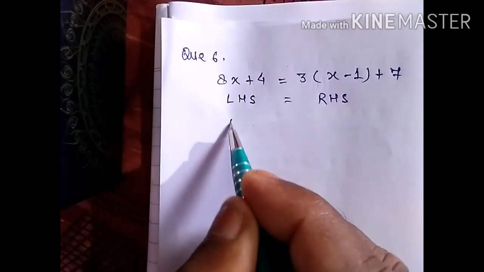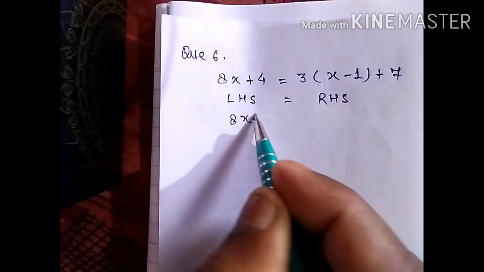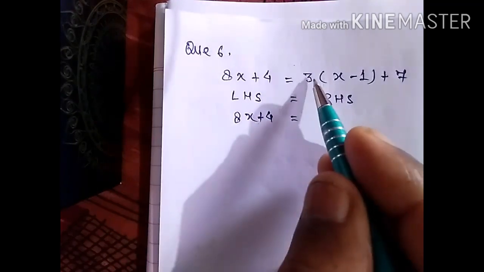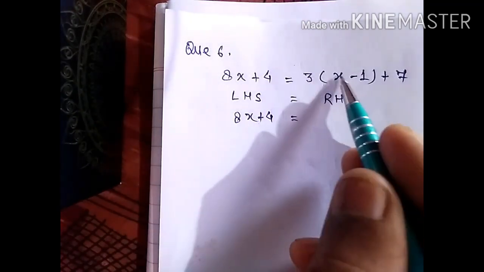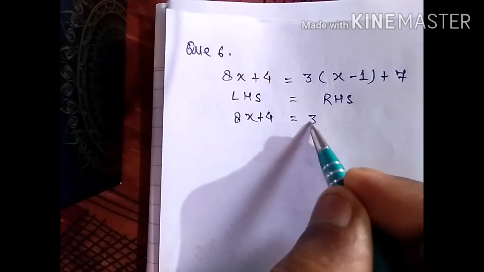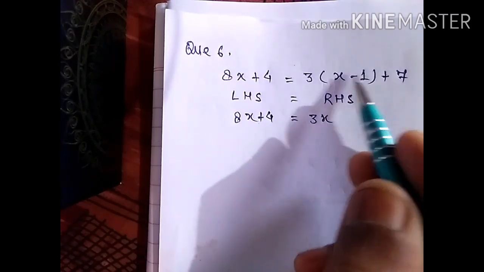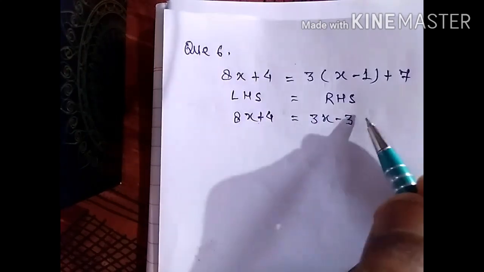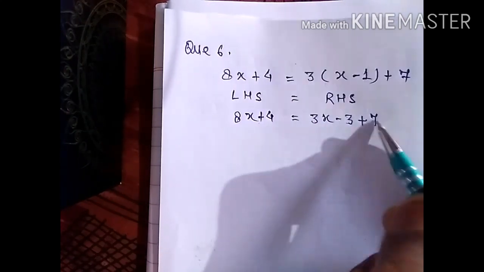So write this 8x plus 4 is equal to, after multiplying this x by 3, this will be 3x, and minus 1 multiplied by 3 will be minus 3, plus 7.